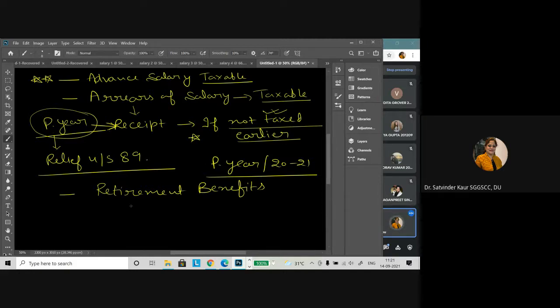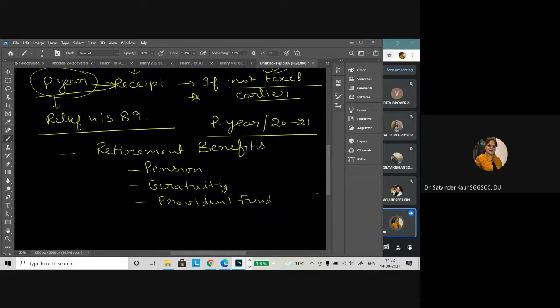So in the case of the retirement benefits, we have pension, we have gratuity, we have provident fund, then we have encashment of earned leaves. All these things we are going to discuss in detail, and we'll discuss how the taxability is done, what is the portion exempt, what are the conditions for exemption. All these things we are going to discuss.